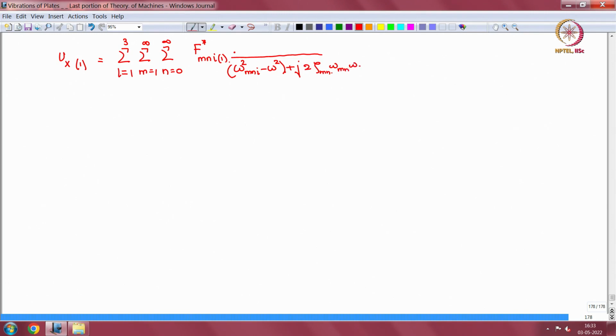This was my gamma tilde m n, if you remember. Then if I put in e to the power j omega t, that is my eta mn, and eta mn should be multiplied by the mode shape, which is a m n I by c m n I cos m pi x by L cos n theta.